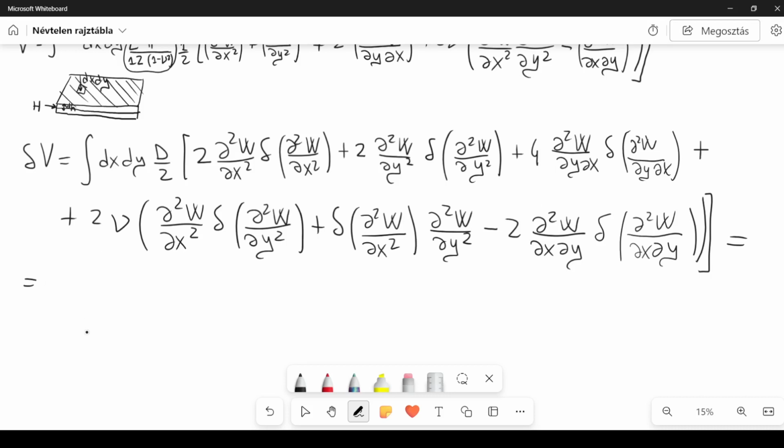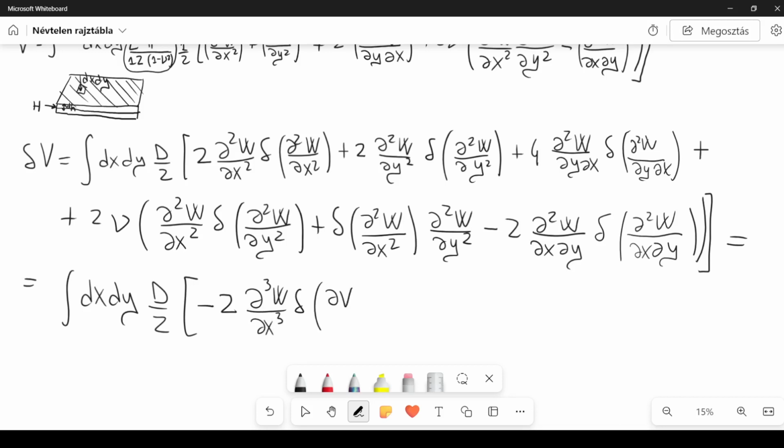You have an integral over dx dy, and then you have D over 2. Then the first term can be written as minus, due to the fact that you integrate by parts once, d cubed w dx cubed, and then you have the change delta dw dx, like this.